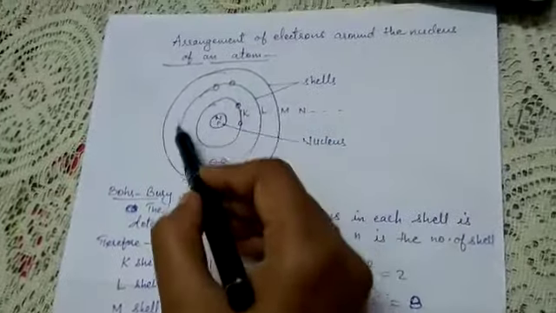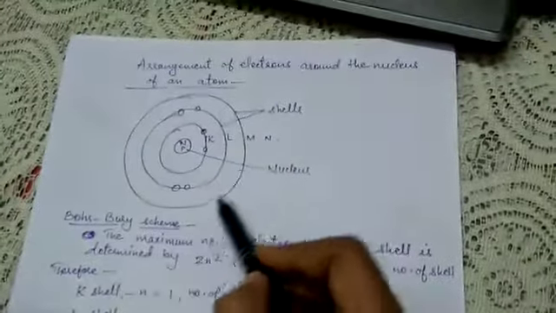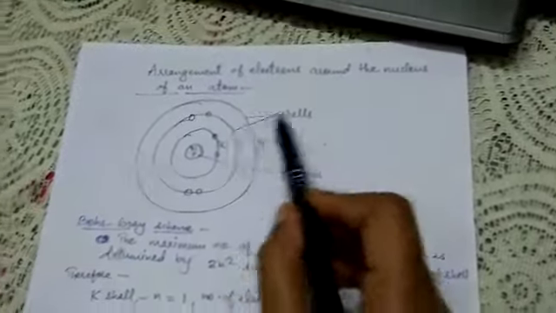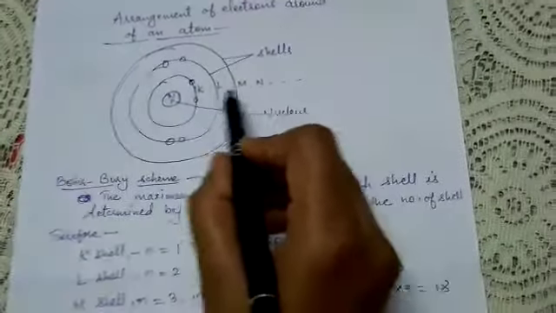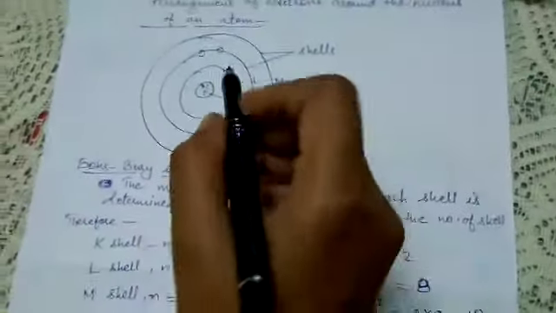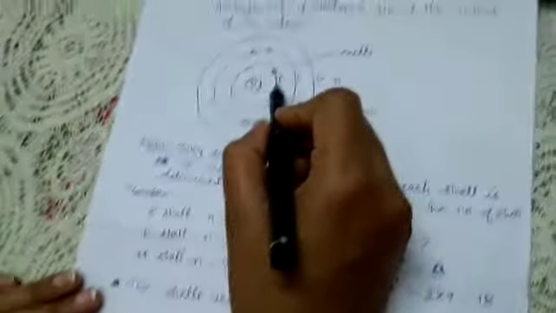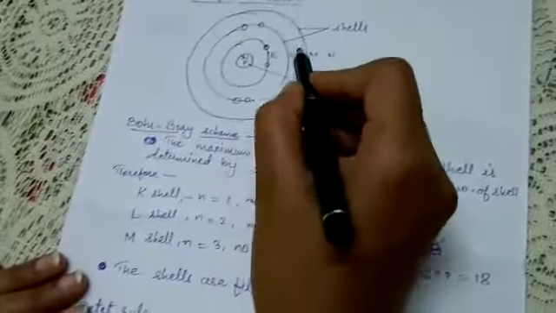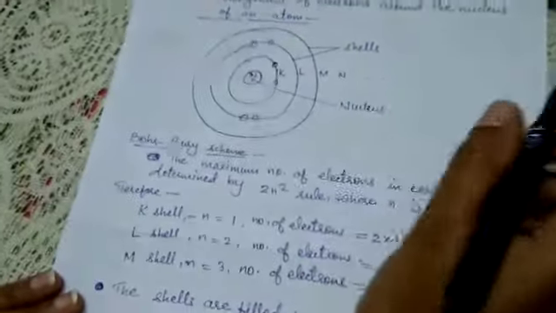These circular paths are orbits or shells, and the name of each shell is based on the alphabet. The innermost shell is named K, then the second shell L, M, N, O, P, and so on.